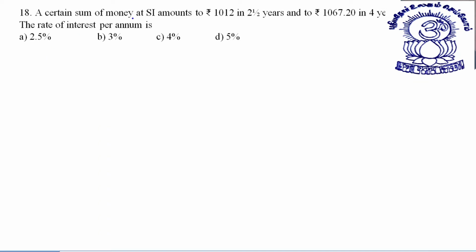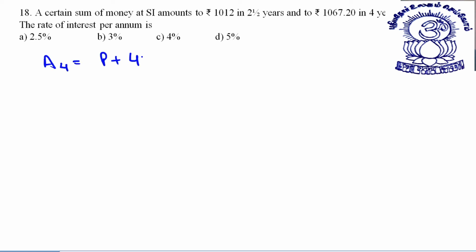A certain sum of money at SI amounts to rupees 1012 in 2.5 years and to rupees 1067.20 in 4 years. The rate of interest per annum is? Here it is half a year, here it is decimal. So this is entirely a calculated question. Let's start with it. Amount after 4 years will be what?